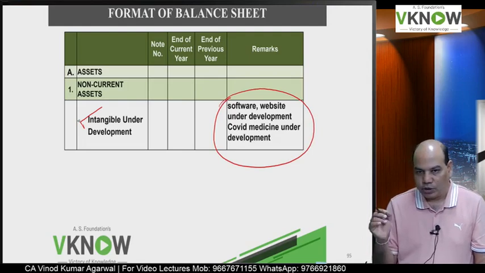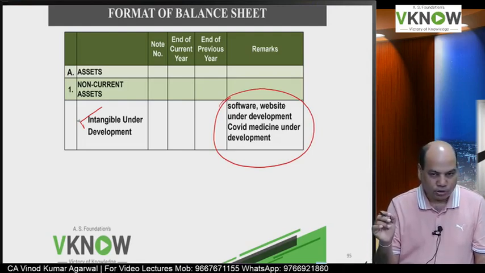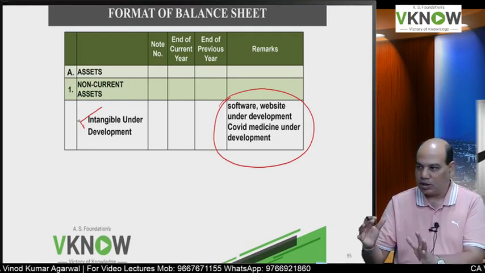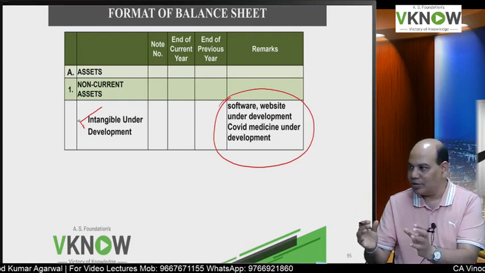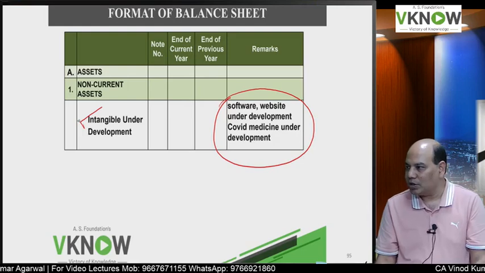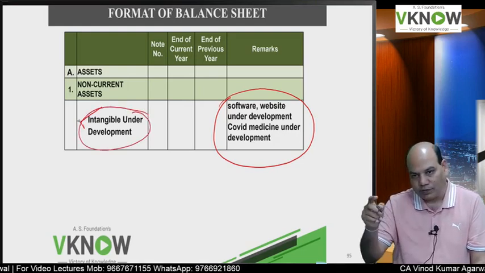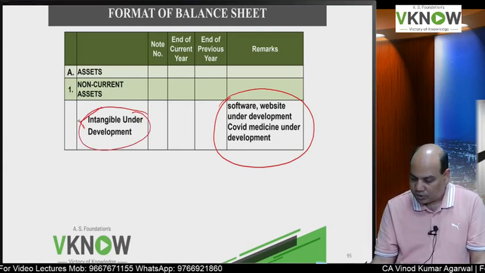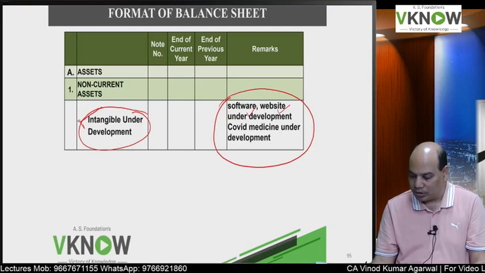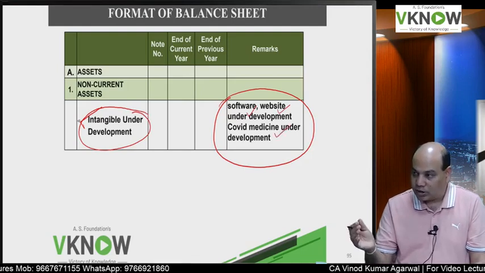So it is better to inform your investor users that so much money has already been invested in this intangible which is under development, and there are some disclosure requirements which I will tell you after some time. Examples are software under development, website under development, COVID medicine under development.